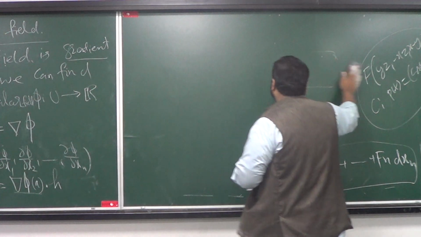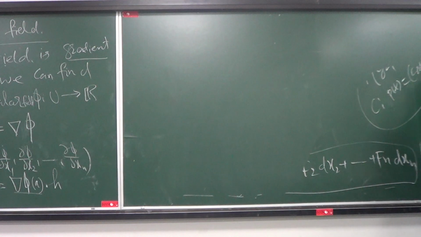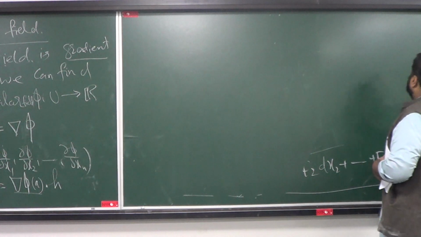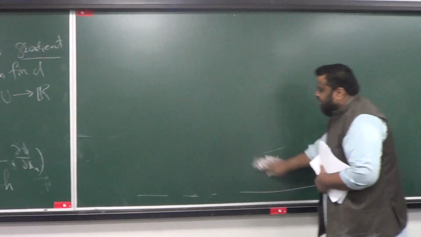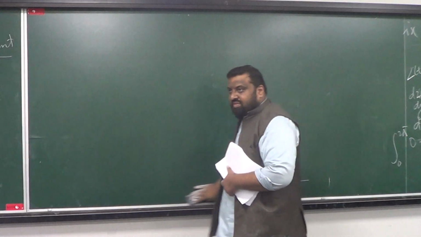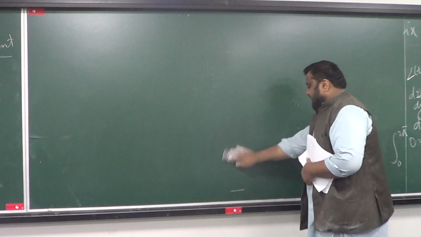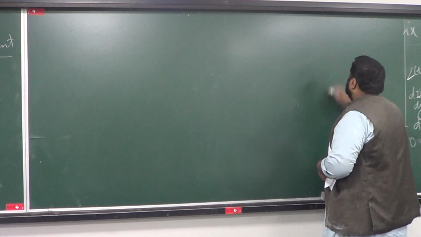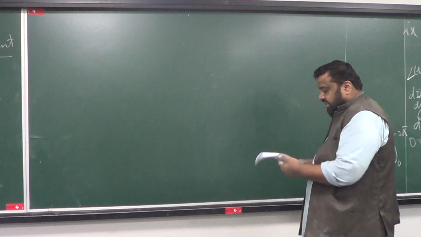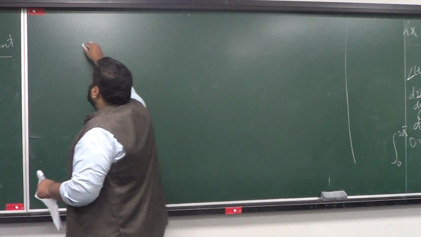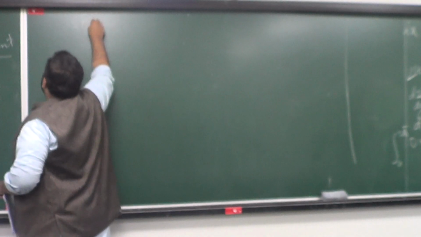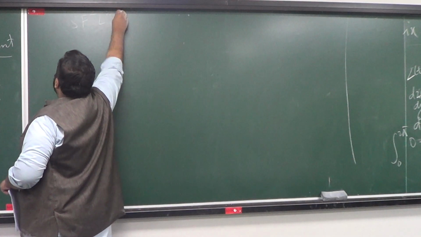We are heading towards the fundamental theorem of line integrals. So obviously we're going to assume the fundamental theorem of calculus in one dimension. We'll probably use it and try to prove the second fundamental theorem of line integrals.